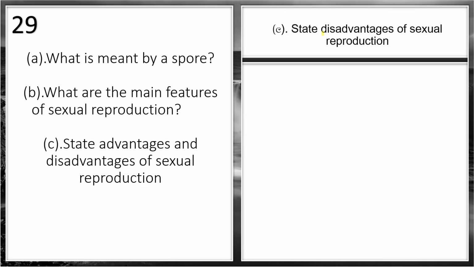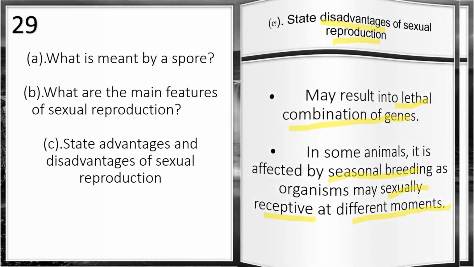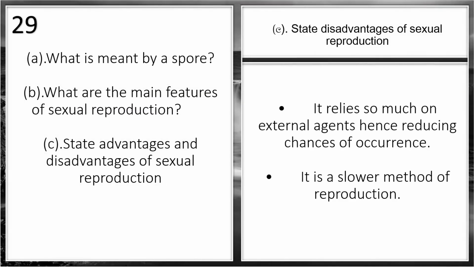Part C. State the disadvantages of sexual reproduction. May result in too lethal combination of genes. In some animals, it is affected by seasonal breeding, as organisms may be sexually receptive at different moments. It relies so much on external agents, hence reducing the chances of occurrence.